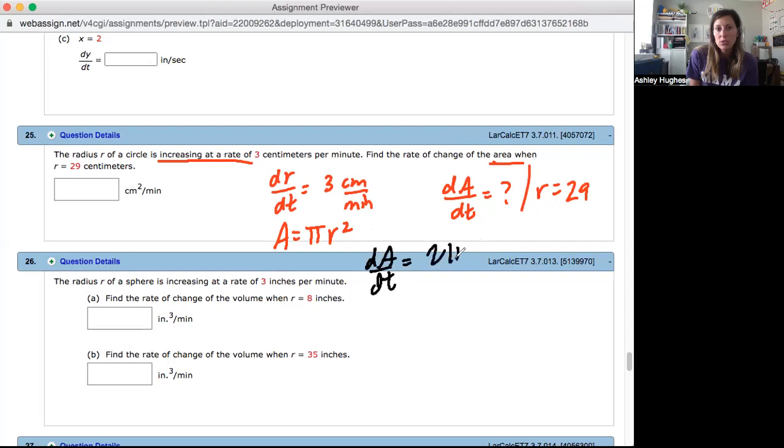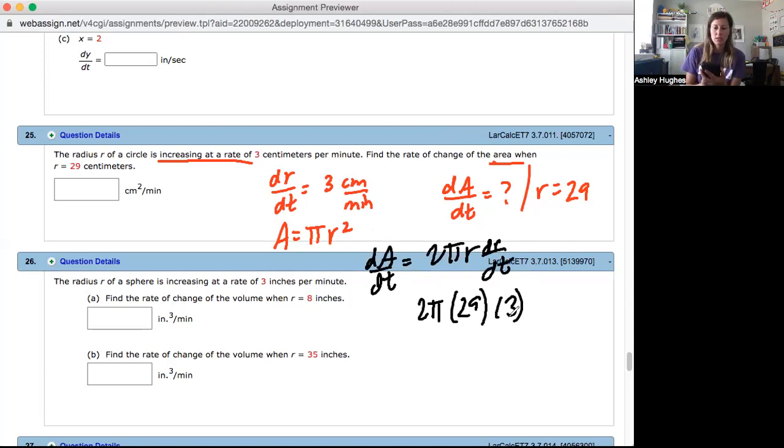So we bring down the 2 pi r, we write dr/dt. And we plug in our stuff. 2 pi, radius is 29, dr/dt is 3. So 29 times 2. So 174 pi is the answer right here.